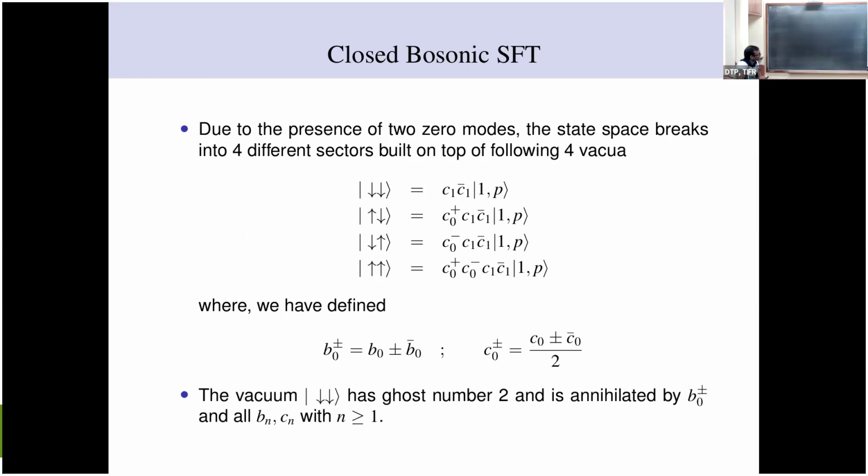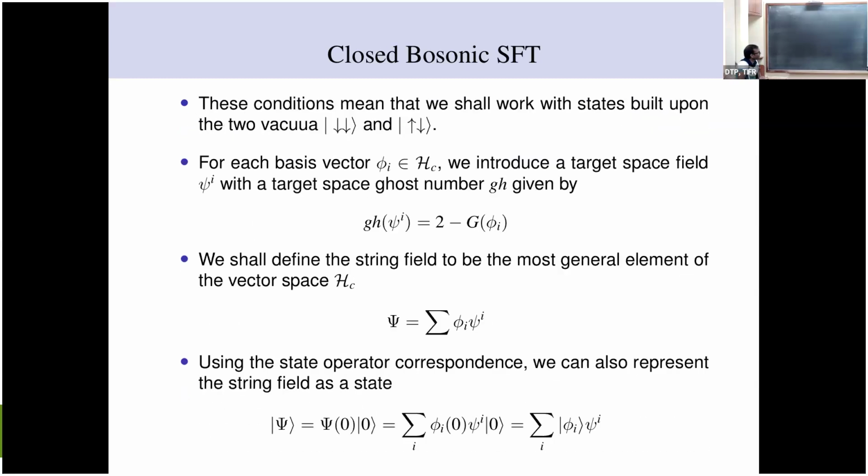So when you act with b_0^-, it will not annihilate because b_0^- and c_0^- have a non-trivial commutation relation. So these last two do not satisfy this level matching condition; only the first two satisfy it. So effectively we are working on the state space built on top of these two vacua.